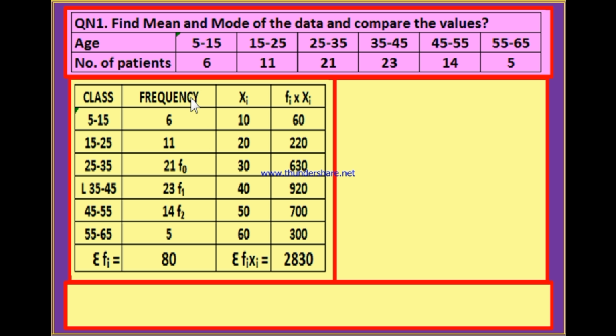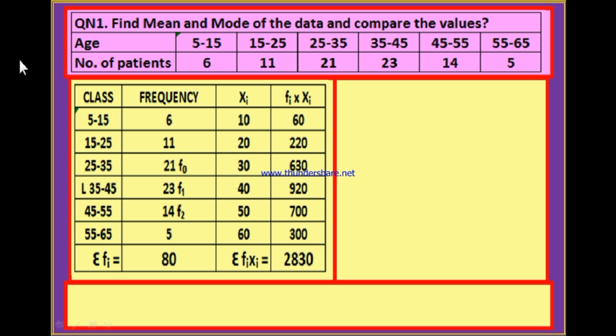Okay. The frequency stands for Fi and the mid value stands for Xi. Then you have to find the arithmetic mean. You have to multiply frequency with mid value. As you do in direct method, you have to find Fi Xi. Fi means frequency into Xi. You will get the products of Fi and Xi.